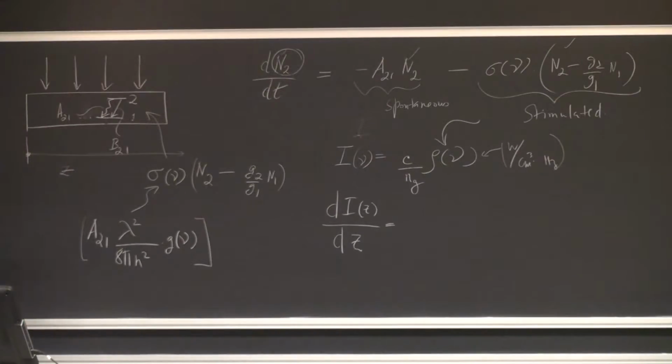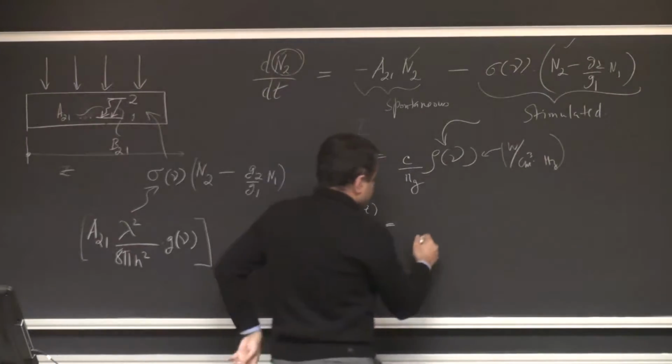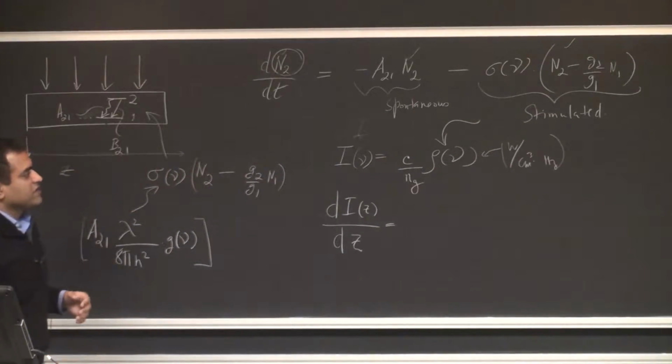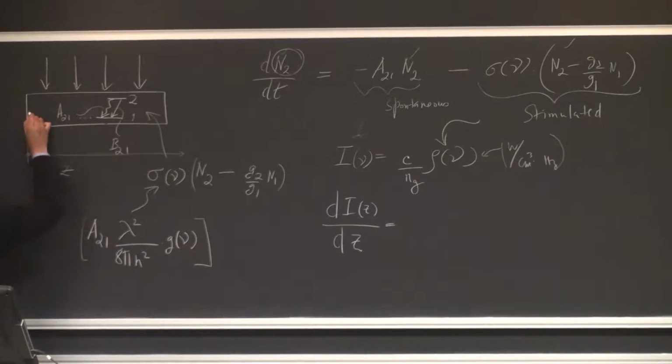And that is given by, again, a part because of spontaneous and a part because of the stimulated emission. The intensity is changing because some of these atoms are spontaneously emitting, but the spontaneous emission part is going in all directions.